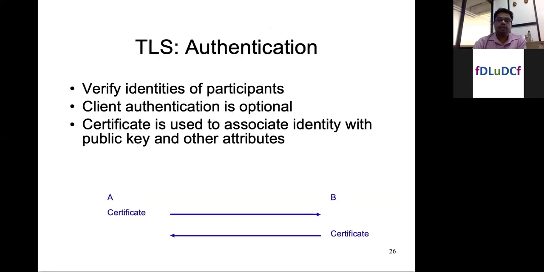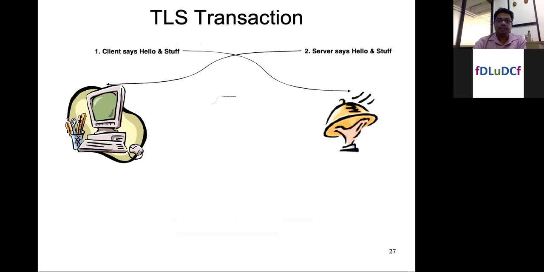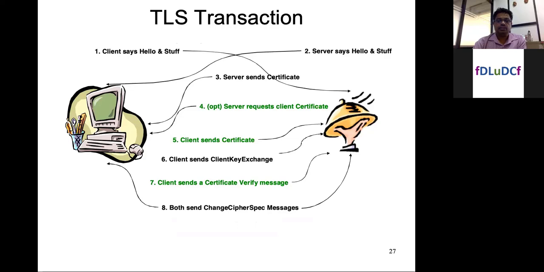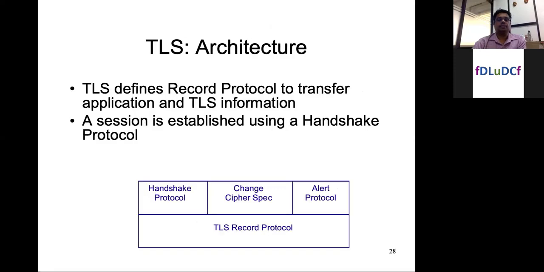Now we have a look at how this encryption happens in detail. In order to execute these steps of the protocol, TLS uses different sub-protocols. These are the protocol stack of the TLS protocol.